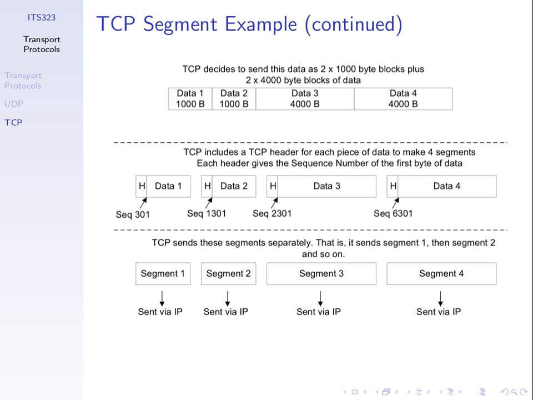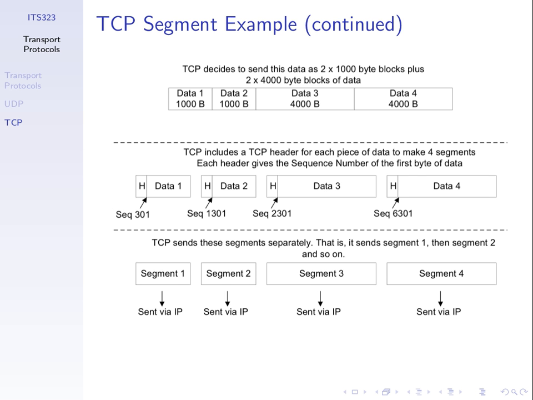Okay, if the first segment has 1,000 bytes, we'd say from 301, 302, 303, and the last byte here would be 1,300. From 301 up to 1,300, there's 1,000 values. So the first byte in the next segment would be 1,301. And hence that's the sequence number included in the header.